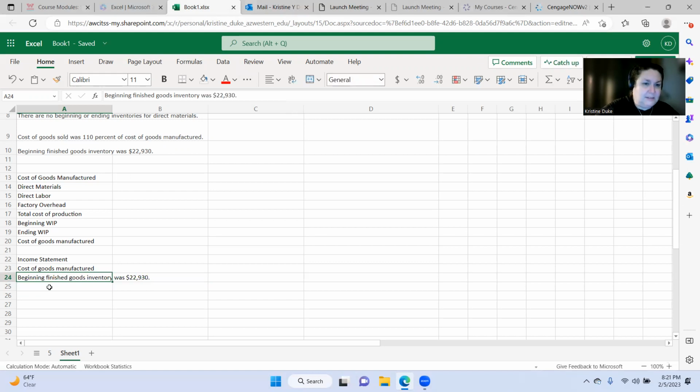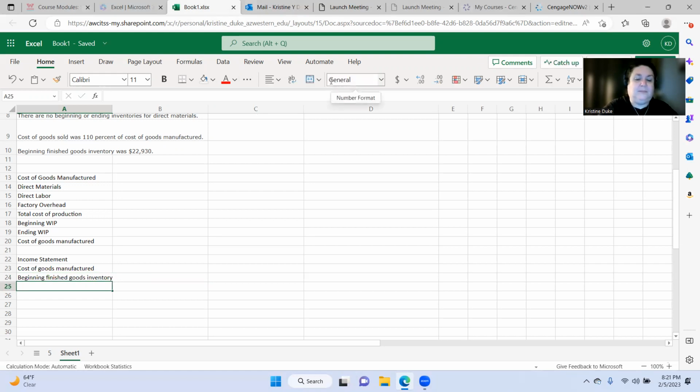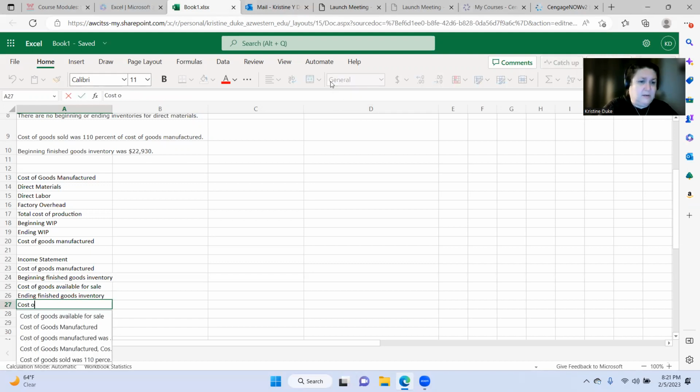And this is cost of goods available for sale. And this is our ending finished goods inventory. And of course, this is our cost of goods sold.